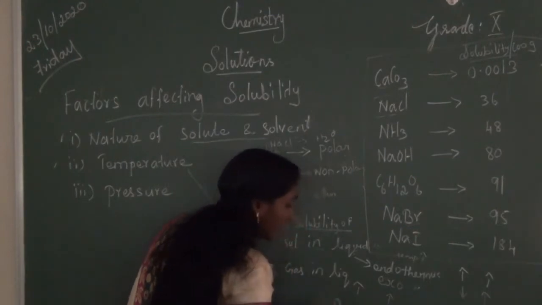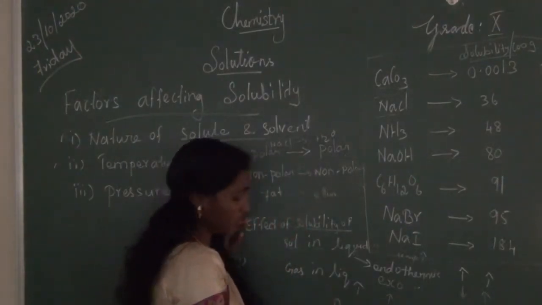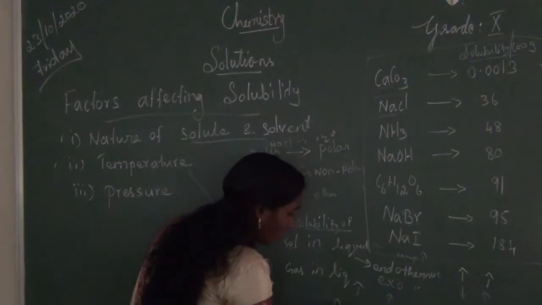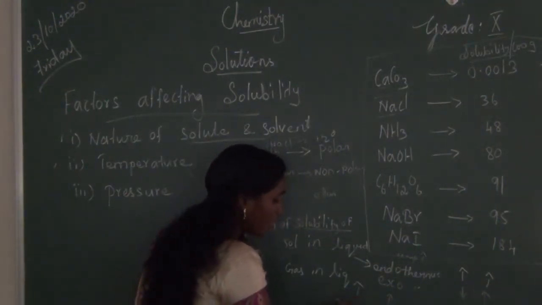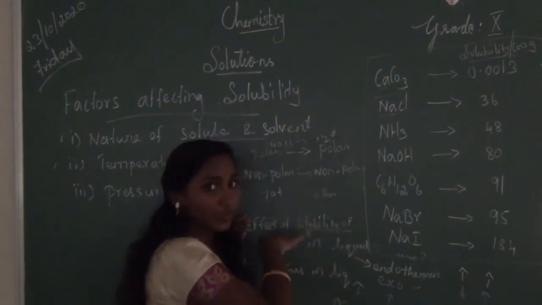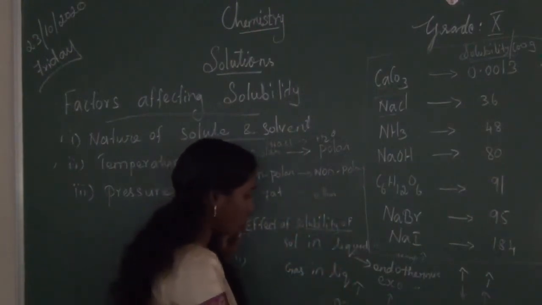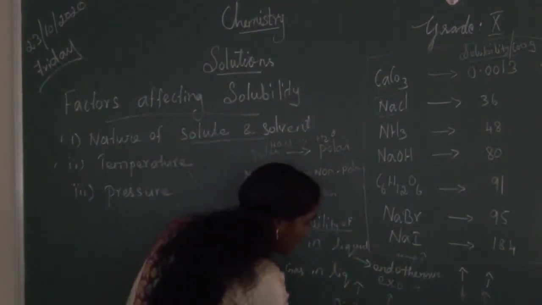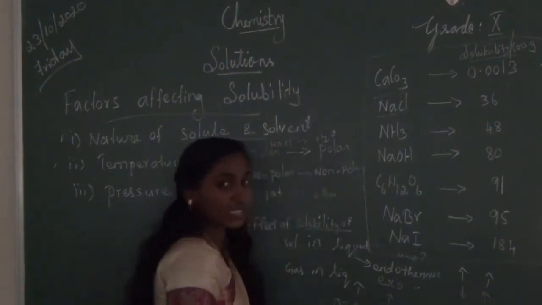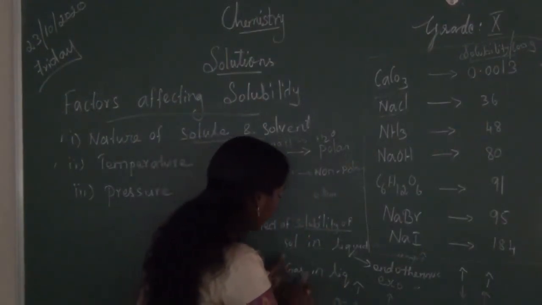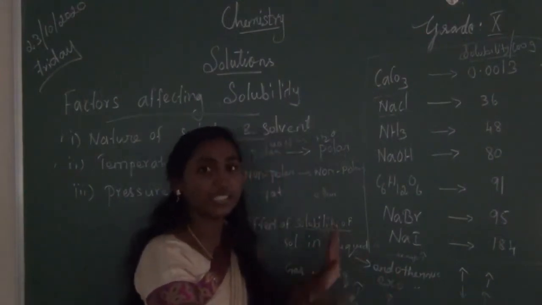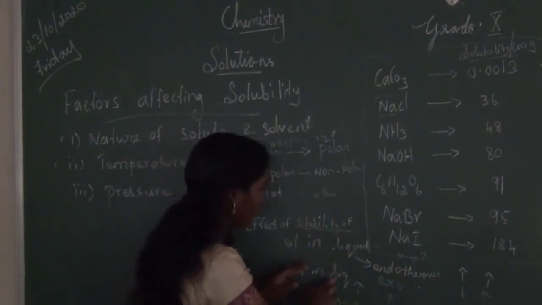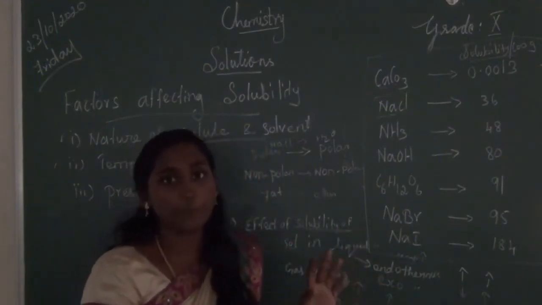More dissolved oxygen is present in the cold region, so aquatic animals live more in cold regions. So oxygen increases as temperature decreases. Here the main thing is that the solubility of gas in liquid changes based on the temperature.